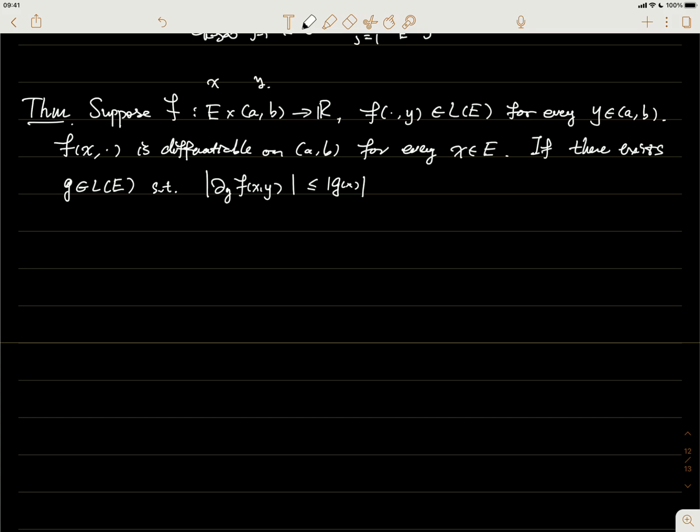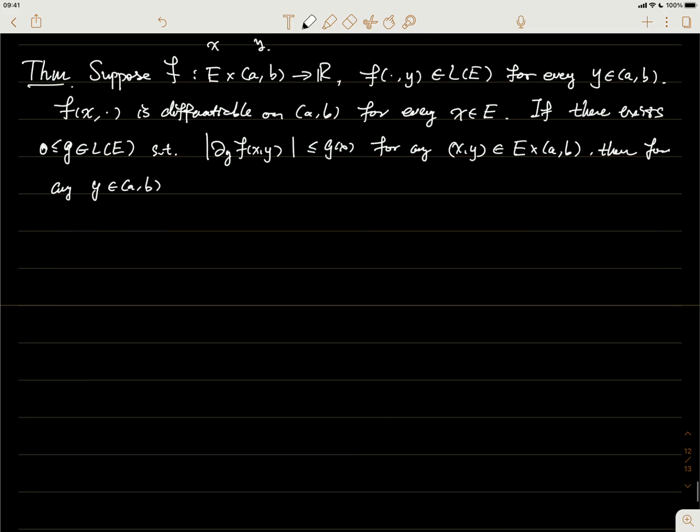I can just assume that g(x) is non-negative, so I can ignore the absolute value, because this is the one that I'm going to use to dominate the integral. This holds for any pair x and y belonging to the set. Then for any y, we can show that the following identity holds.